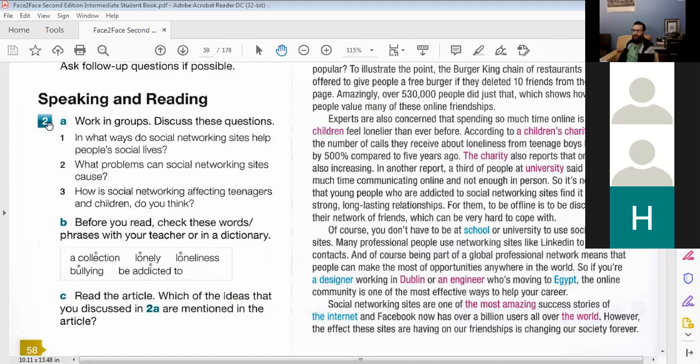But for the children, especially for the children and teenagers, it's more dangerous because you don't know who speaks with your child. So the parents should be very careful with their children because anyone can talk to them.